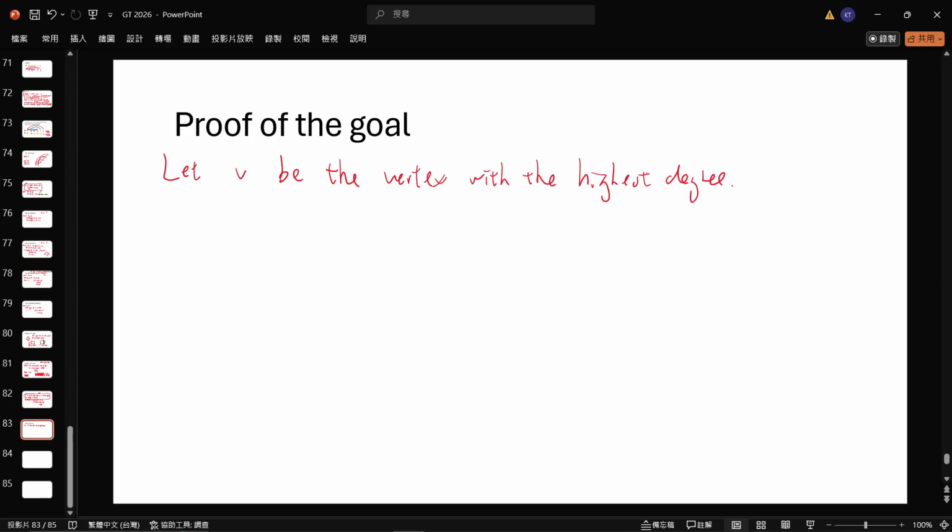We call this vertex V. In other words, the degree of V is D, because we just use D to denote the largest degree.